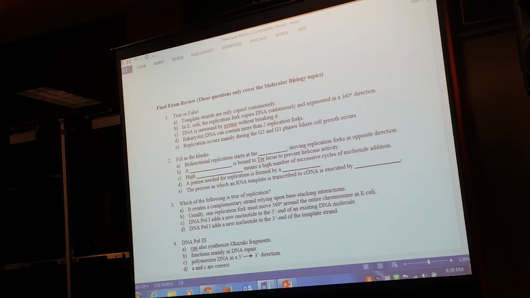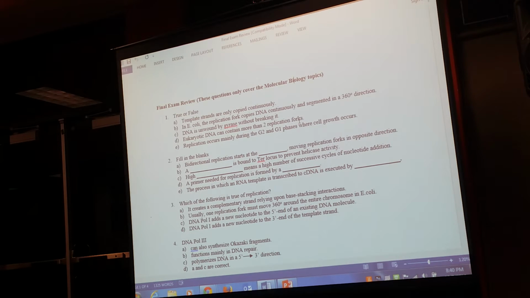Usually, one replication fork must move 360 degrees around the entire chromosome in E. coli, so we know that is false. It only needs to move, one fork moves in one half, the other fork moves in the other half. DNA polymerase 1 adds a new nucleotide to the 5' end of the existing DNA molecule. That's false. All DNA polymerases can only add on the 3' end. That's why the lagging strand is discontinuous.